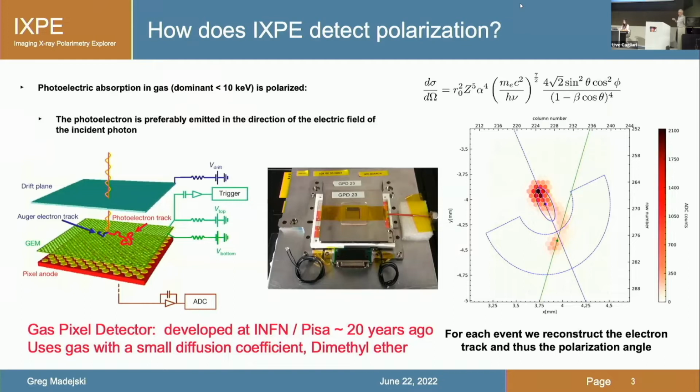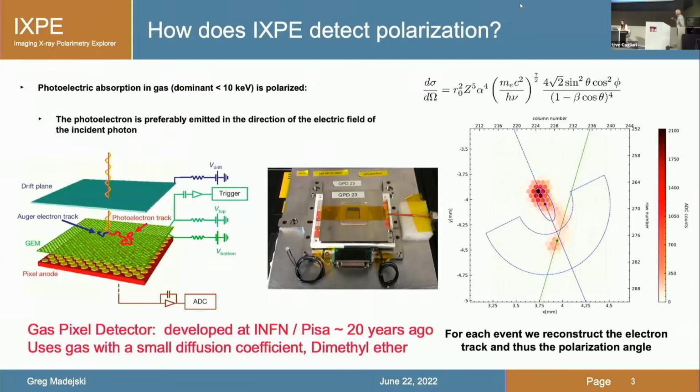Many of these slides are slides that I got from our collaborators at Pisa. Ronaldo Bellazzini is the person who came up with the idea that you can measure the polarization of an X-ray by looking at the electron track in the detector.